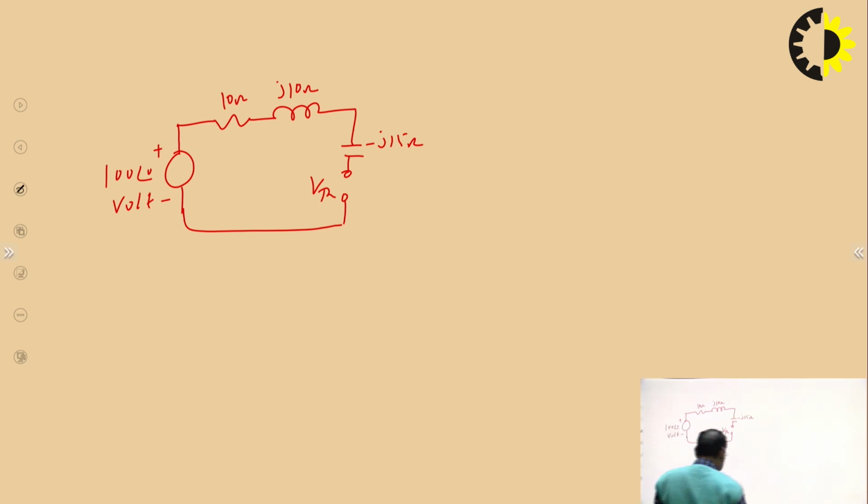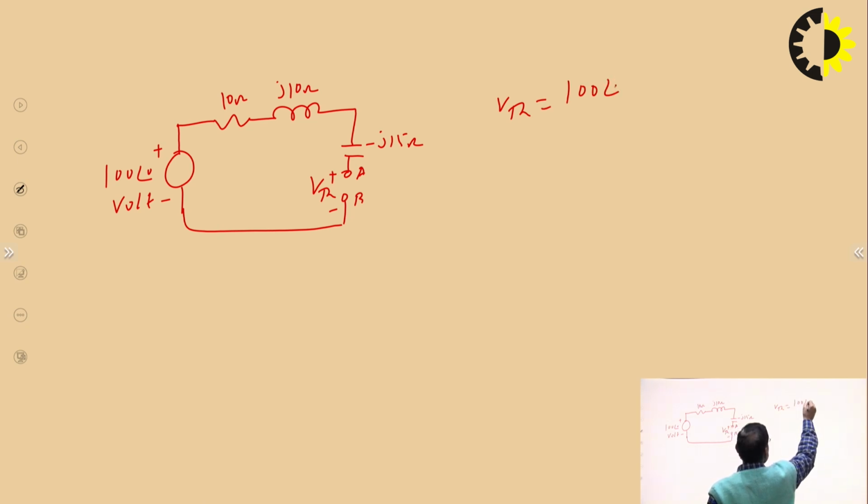From this circuit we have removed the RL, and we have to find the VTH or VAB. Now the circuit is open, so the current through this 10 ohm or J10 ohm is 0. So VTH is equal to 100 angle 0 degree.